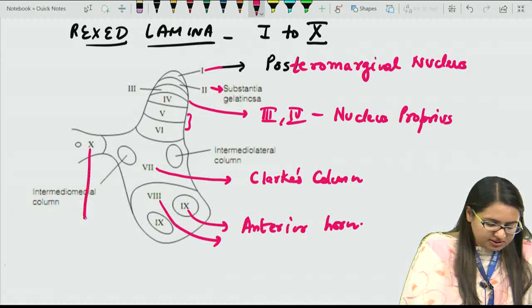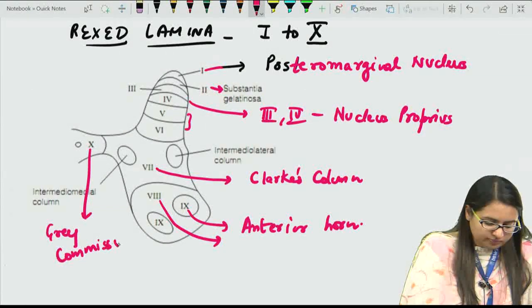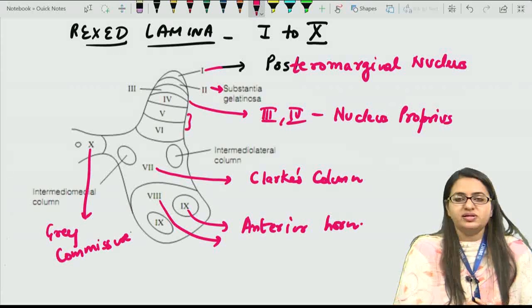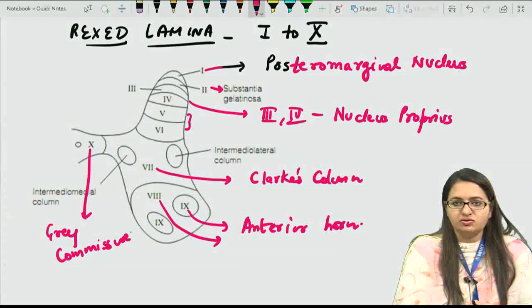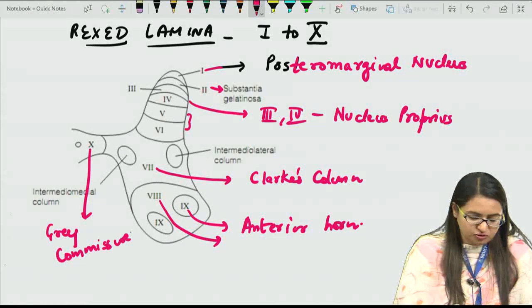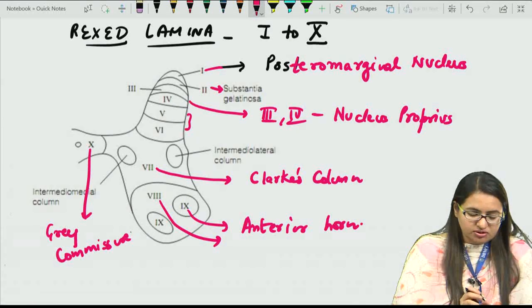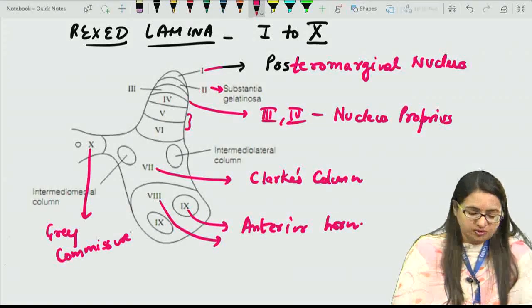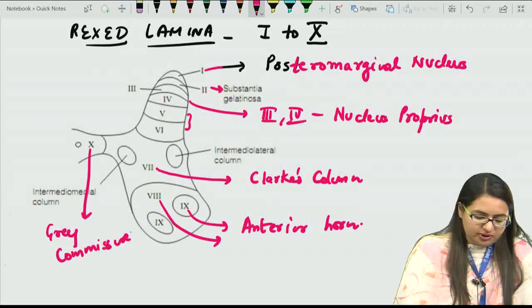And the 10th forms the grey commissure, as well as the substantia gelatinosa centralis at this point. So these are the locations of the lamina and the various nuclei present in each lamina.